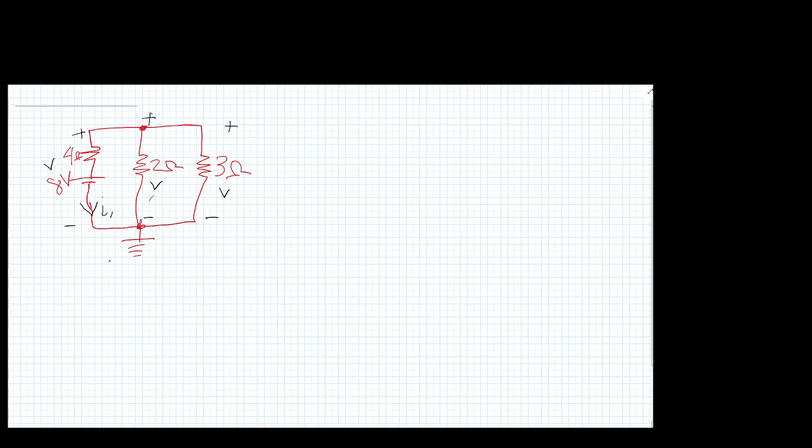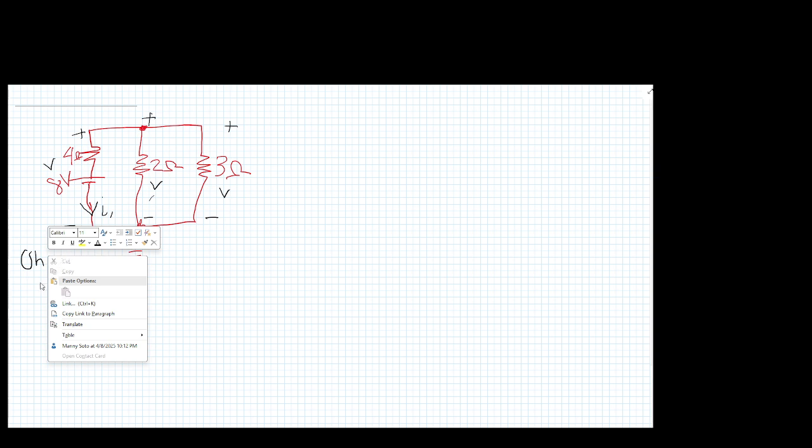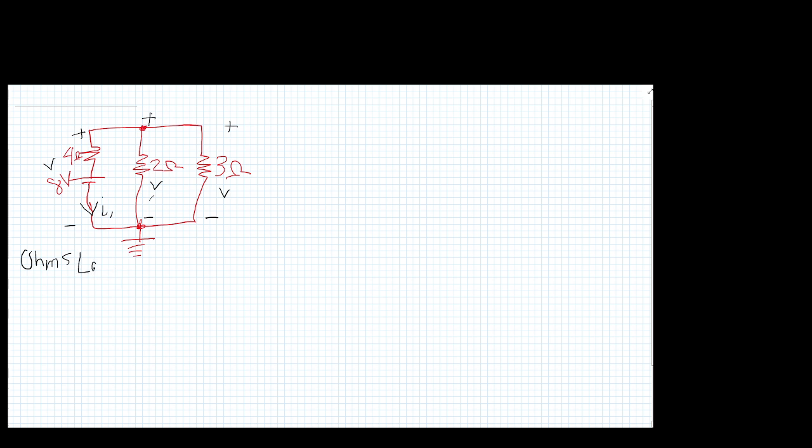And if you guys remember, let's talk about Ohm's law. Ohm's law is just the voltage is equal to the current times the resistance. I is always the current in electrical engineering.